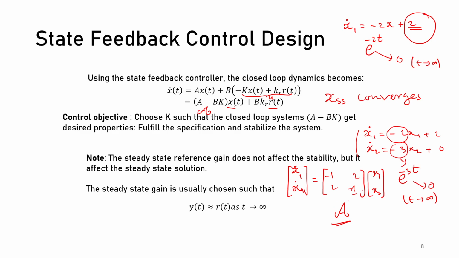Let's say it's like this. If calligraphic A is like this, can we conclude that h1 and h2 converge? No, we cannot conclude that, right? Even though the diagonal values are negative, we also have off-diagonal values, so we don't know whether it converges or not.